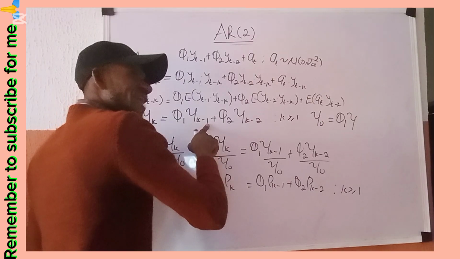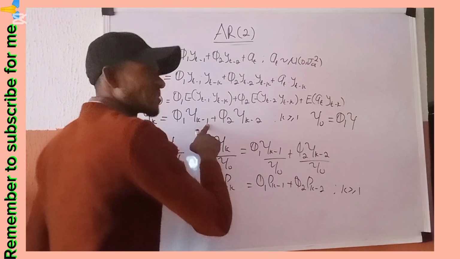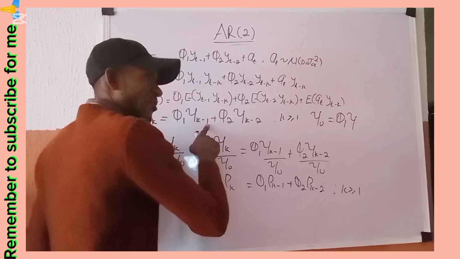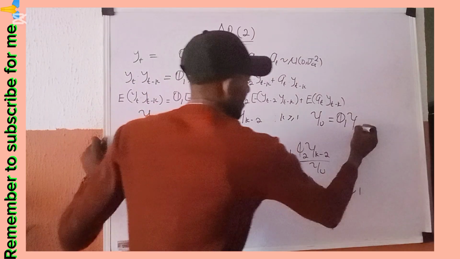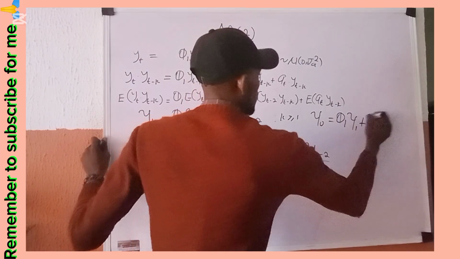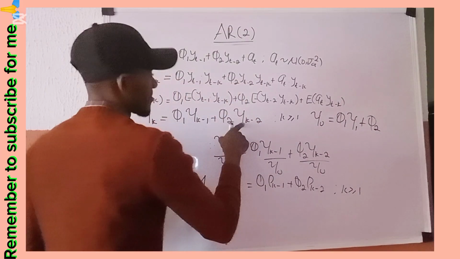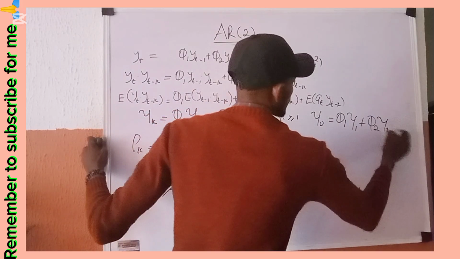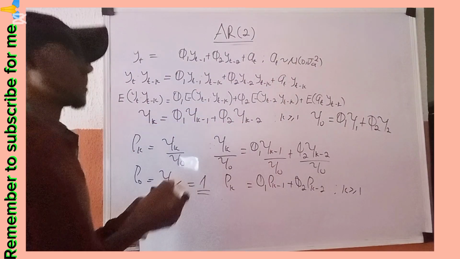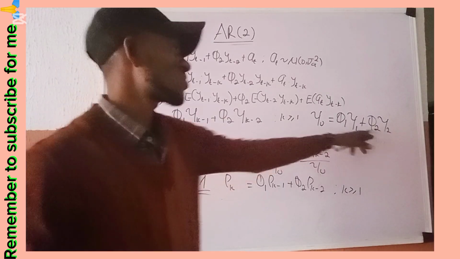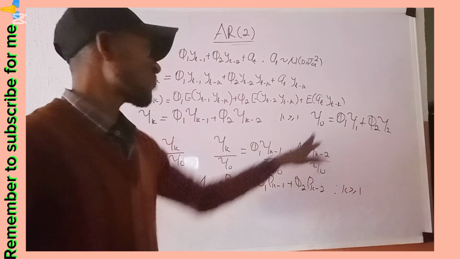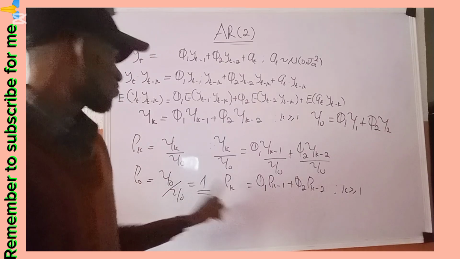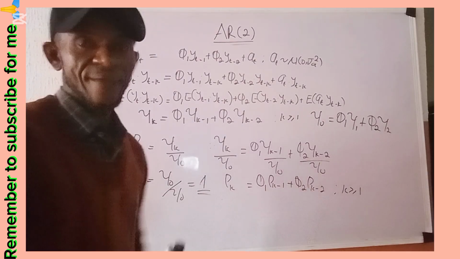The autocovariance at lag minus 1 is the same as at lag 1, so I can say gamma 1, plus phi 2 gamma 2. So for k equal to 0, this is what you have in terms of the autocovariance. But in terms of the autocorrelation, you are going to have this equal to 1.